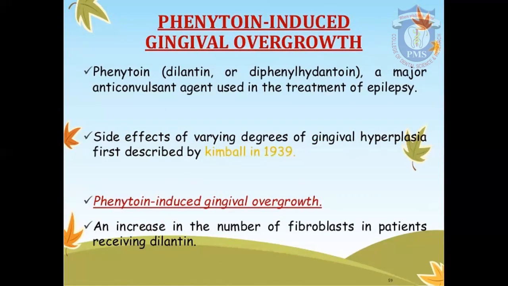It is used along with phenobarbital or other anticonvulsants to prevent or treat generalized tonic-clonic seizures, complex partial seizures, or seizures occurring during or after neurosurgery. One of the major side effects of anti-epileptic drugs, particularly phenytoin, is gingival overgrowth.